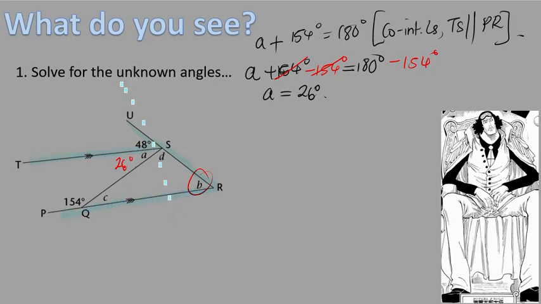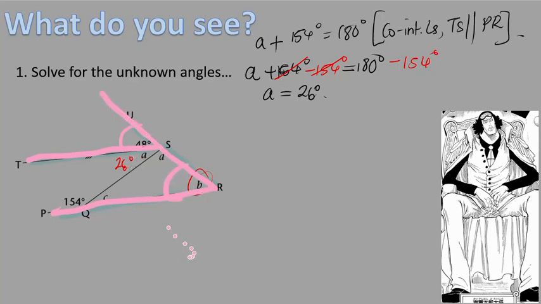Do you see it? I feel like you don't see it. Let me choose a better color. Look at this line going there. Look at this line going there. And look at this line going there. This way. Look at this angle and look at this angle. What's happening there? It's an F formation, facing this way.